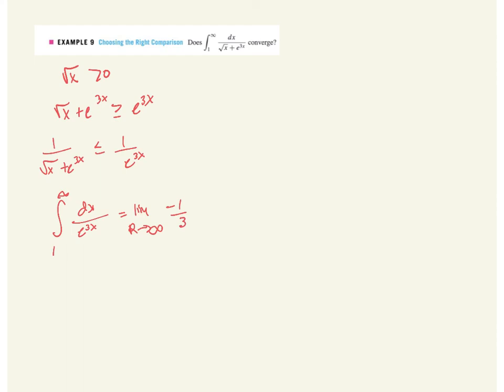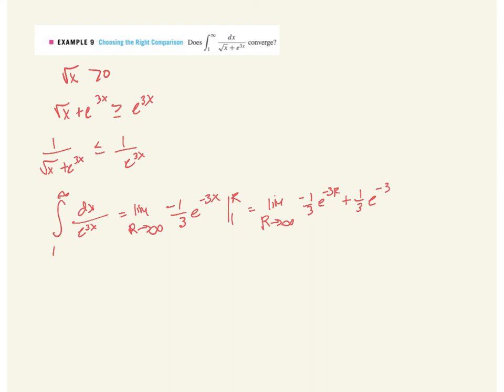Remember, e to the 3x in the denominator is e to the negative 3x, so I'm dividing by negative 3 when I'm anti-deriving it. e to the negative 3x from 1 to r, which is then equal to the limit as r approaches infinity of negative 1/3 e to the negative 3r plus 1/3 e to the negative 3.